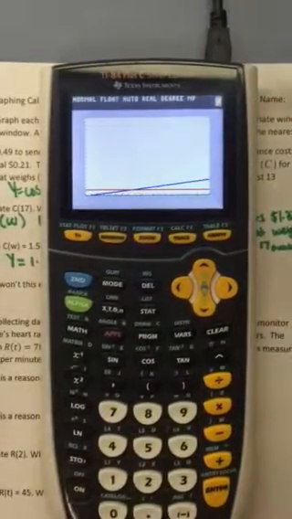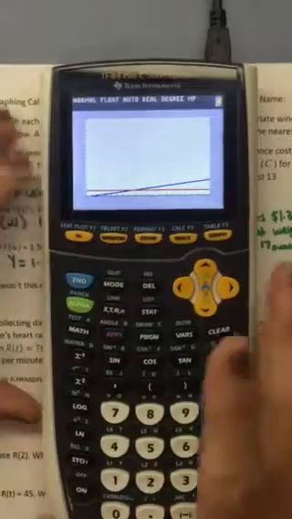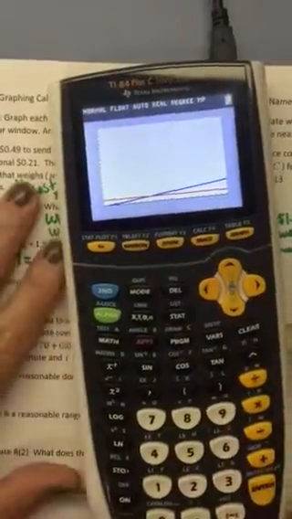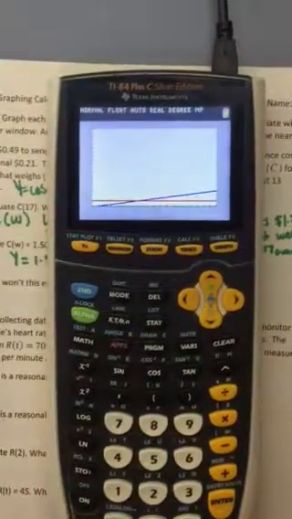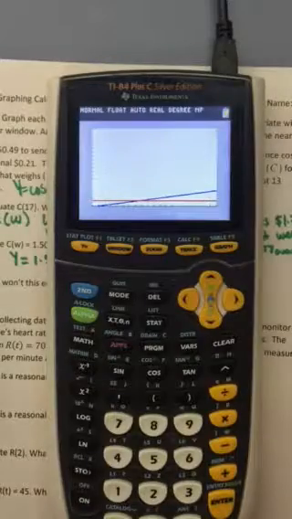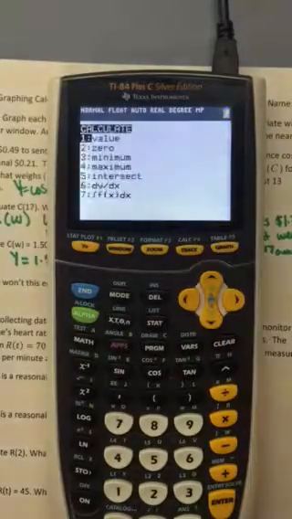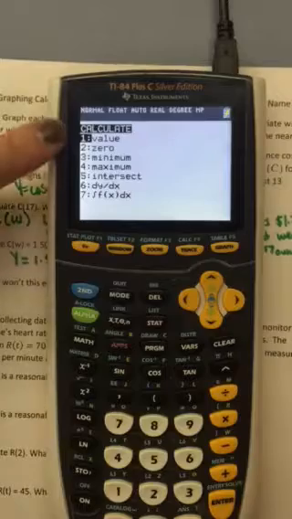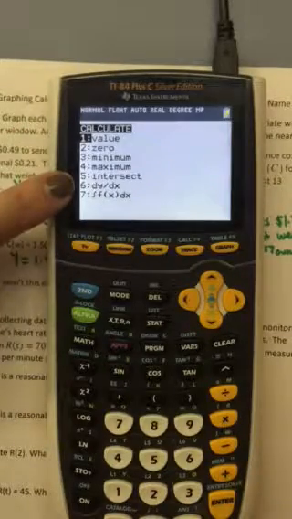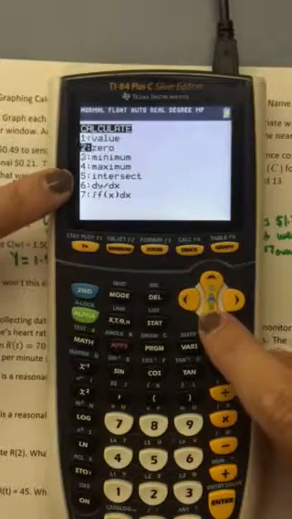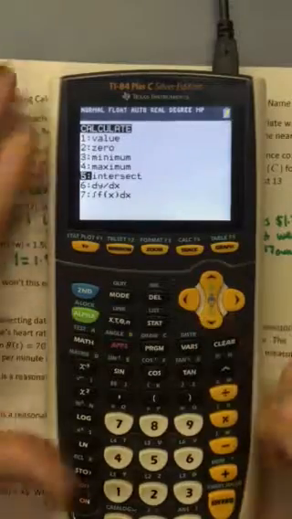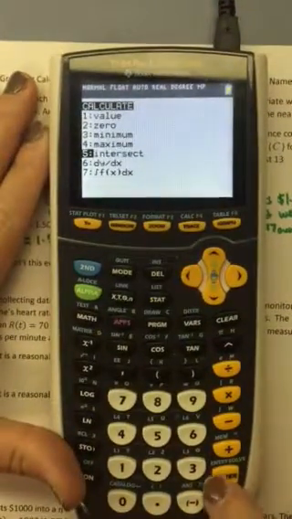I know my Y value at that intersection because that's where Y is equal to 1.5, but I want to know my X value. So I'm going to go to second trace, and I don't want value, I want intersect. I can use the arrow to scroll down, and then I hit enter.